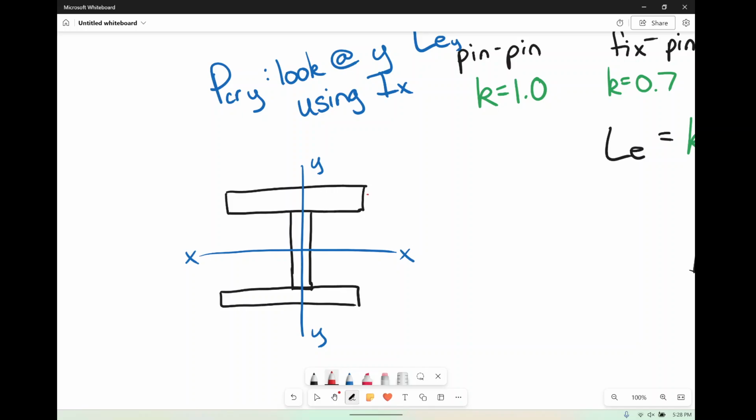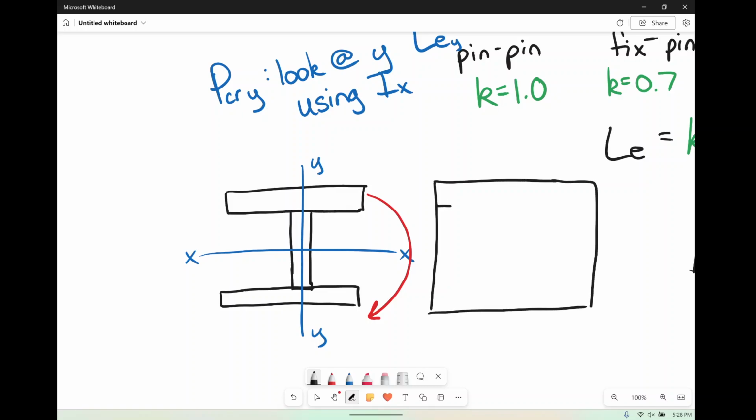If it bends about x, from the side, here we have our side shot of this thing. If we're bending about the x-axis, this is going to cause this member to kind of, if we had an axis here, pop upward or downward.